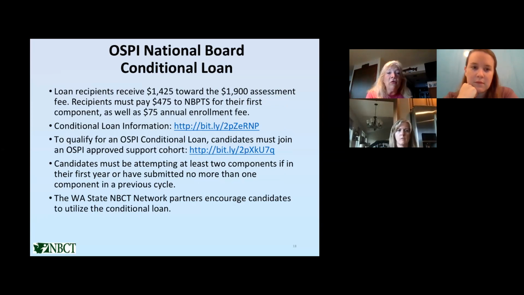So the loan works in this way. The total cost for all 4 components is $1,900. And you have to pay for your first component and the $75 annual enrollment fee.